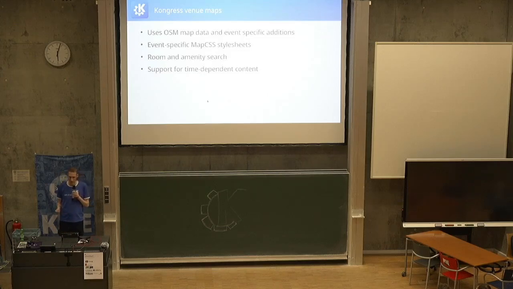And we have support for time-dependent content. So if you open the map from this talk, you see talk rooms, but you don't see BOF rooms. If you go to Kevin's training on Monday, open the map from there, you see BOF rooms, but no talk rooms, because we show the map how it looks at the point of that talk, and that is going to be different between the week and the weekend.